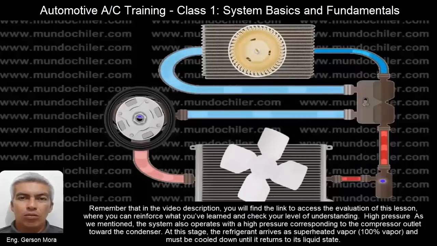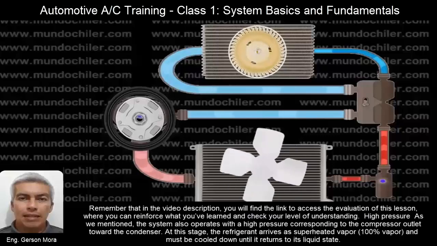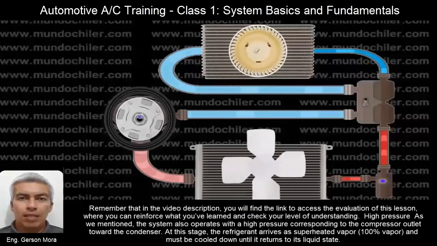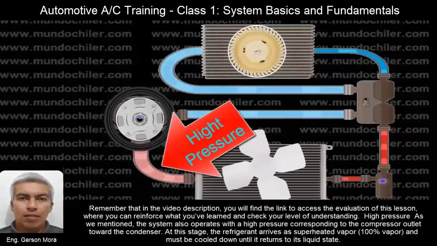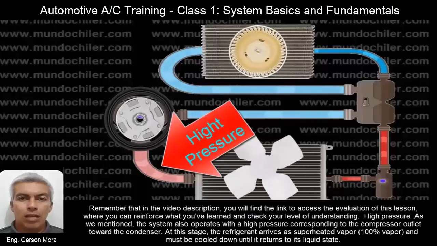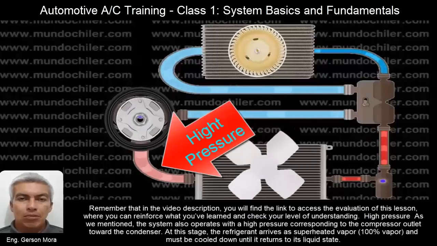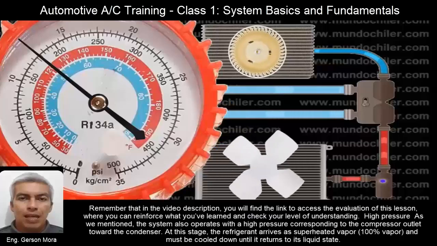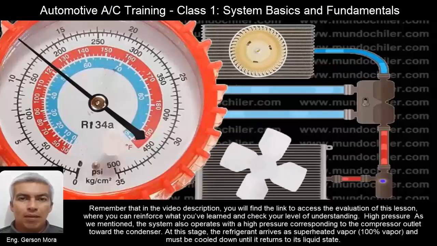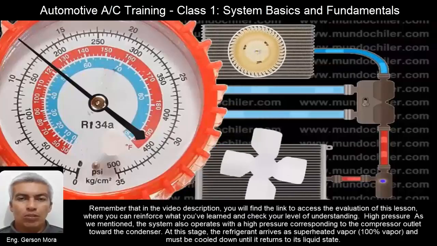High pressure. As we mentioned, the system also operates with a high pressure corresponding to the compressor outlet toward the condenser. At this stage, the refrigerant arrives as superheated vapor, or 100% vapor, and must be cooled down until it returns to its liquid state.